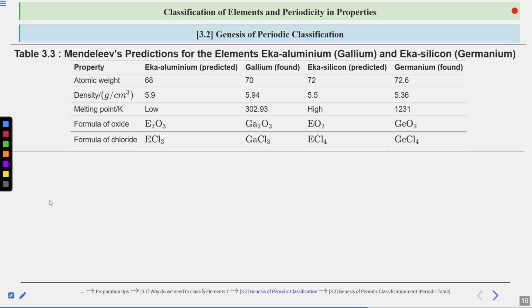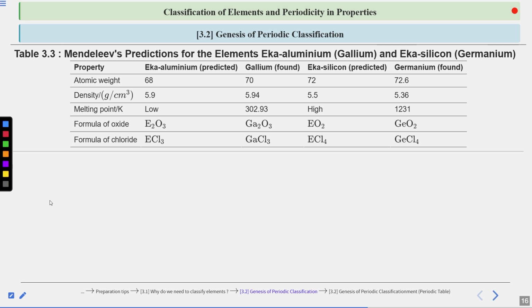He knew that the elements present above this Eka aluminium have an oxide formula of A2O3. So A can be any element. In this case, it is gallium. So he said that the element that would be discovered would have a formula of A2O3. And at the present time, it is known that gallium has a formula of Ga2O3.